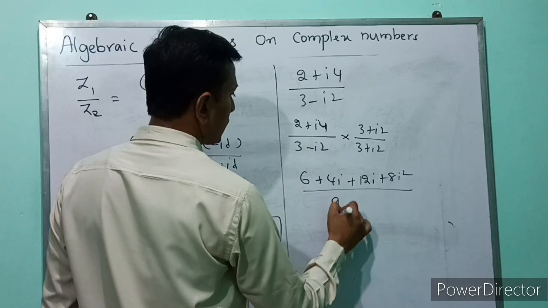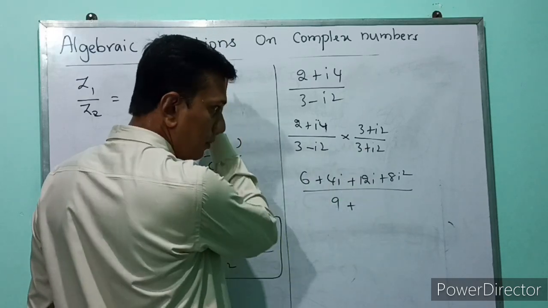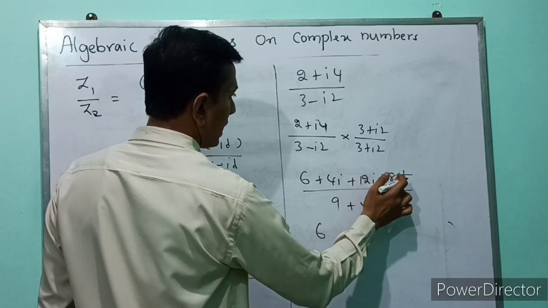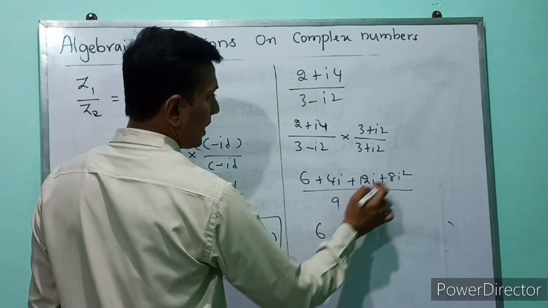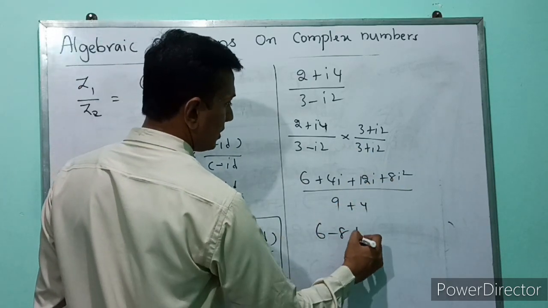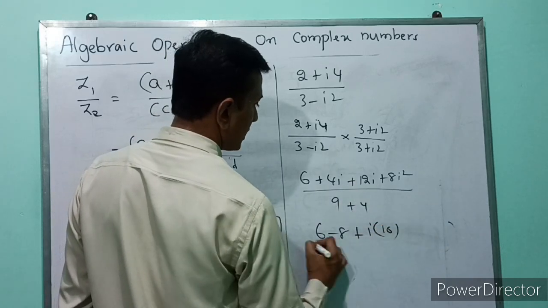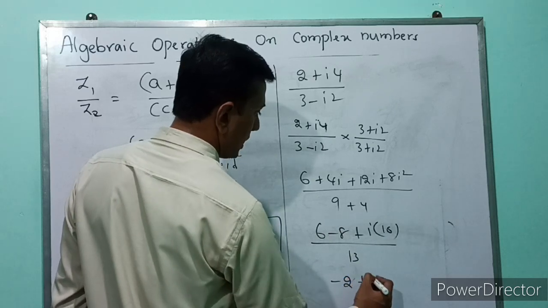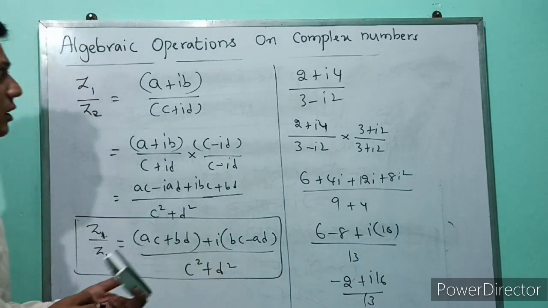In the denominator, 3 square is 9, I square value is minus 1, ultimately you get plus 2 square value 4. In the numerator, 6, and 8 I square, I square value is minus 1, 8 into minus 1 is minus 8. So 6 minus 8, and I will be common: 12 plus 4 is 16. The denominator is 13. So 6 minus 8 is minus 2, plus I 16 by 13. This is the division of a complex number.